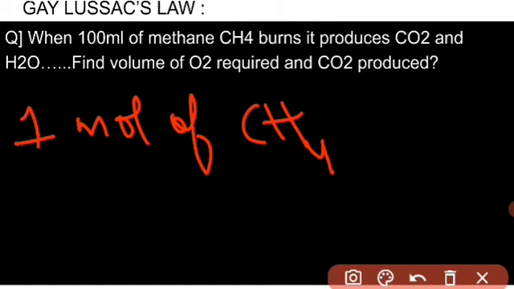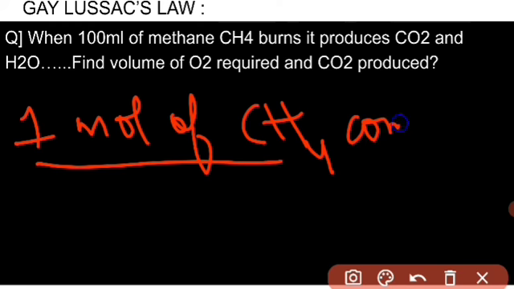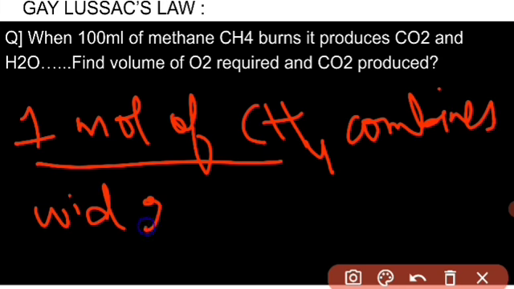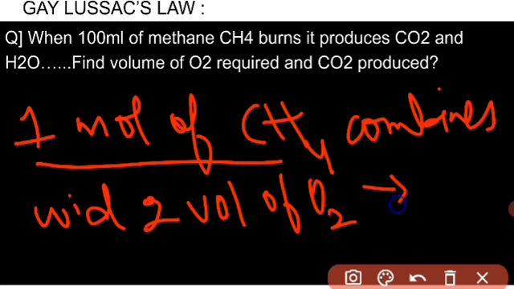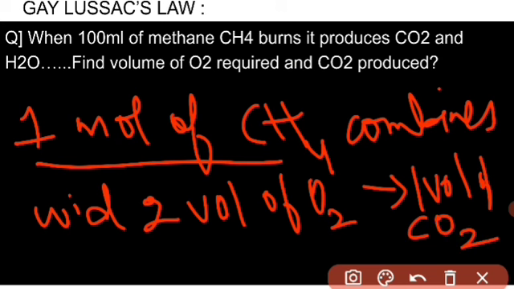This is a funda. So just imagine if it is 100 ml of methane, then 200 ml of oxygen is required and 100 ml of carbon dioxide will be produced.